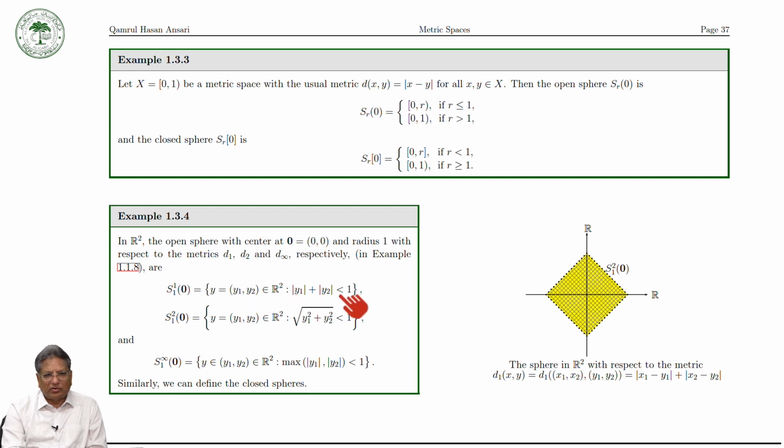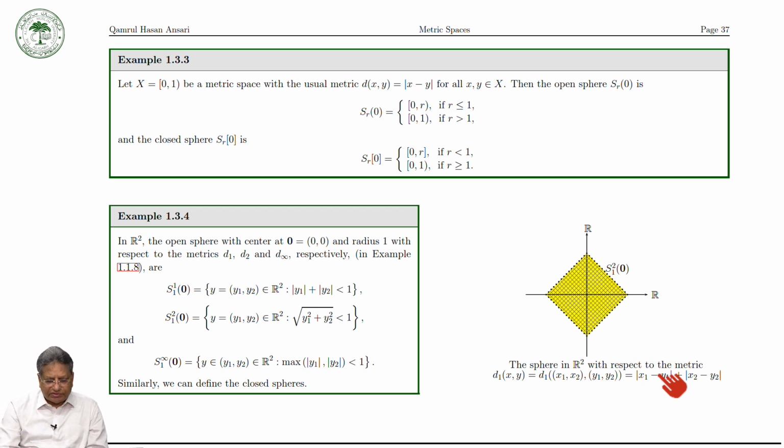It means that with respect to this metric, the open ball with radius 1 and center at origin would be a ball like this. This is the open ball with center at origin and radius 1 with respect to this metric. It is not a circle, keep in mind.